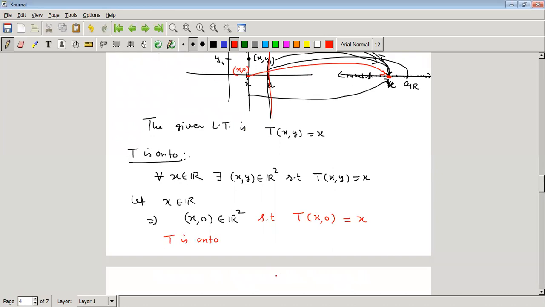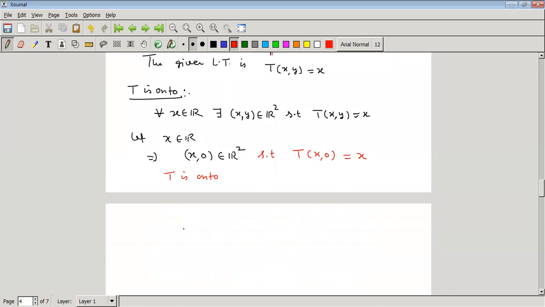We can also prove this: given any x in R, there exists (x, y) in R2 such that T of (x, y) is equal to x. Here what we do is fix y equal to 0, right?